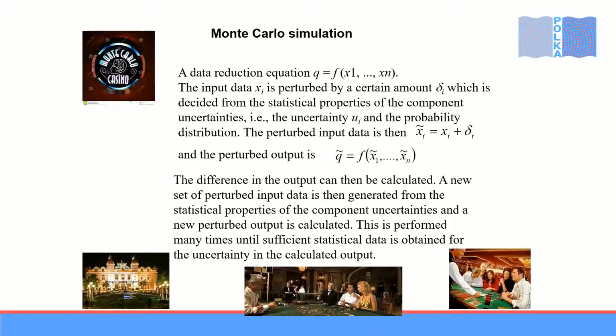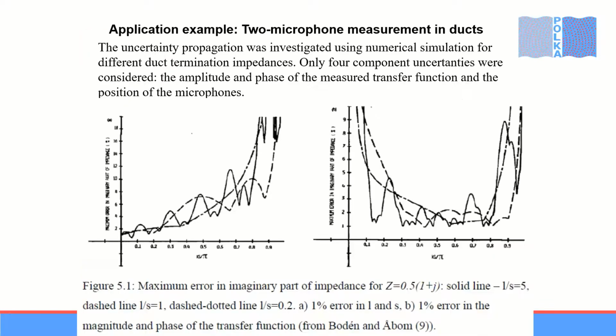I already mentioned the Monte Carlo simulation, so it's numerically, in a systematic way, varying the input data with a certain perturbation, and then seeing how that affects the outcome. It has to be performed many times, so it could be time consuming. If you can do the other multivariate technique, that's obviously much quicker.